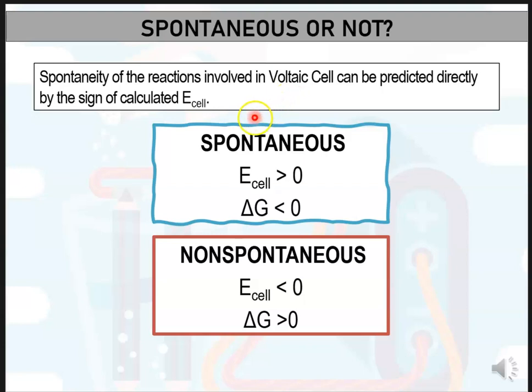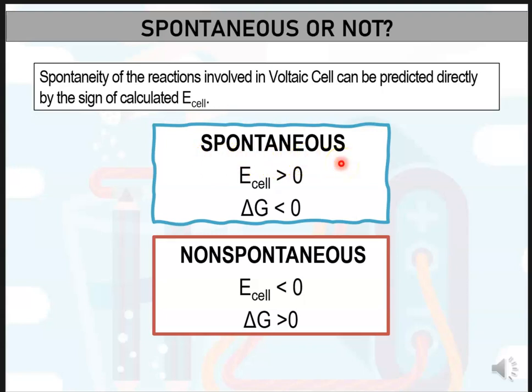Okay, we need to have electrical energy to initiate or to force the reaction to happen. But in voltaic cell, sometimes it is spontaneous, sometimes it is non-spontaneous. So how to determine the spontaneity of the reaction?